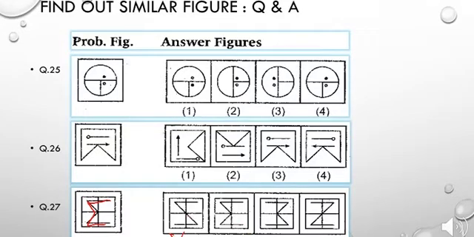In the next we can see Z, but it is kept the other way round, so this can't be the answer. In the next, it is a Z, it should be a W kind of design, so this can't be the answer. Now what we are left with, only option 2. Option 2 is the answer for question number 27.